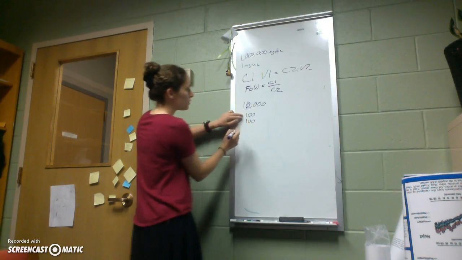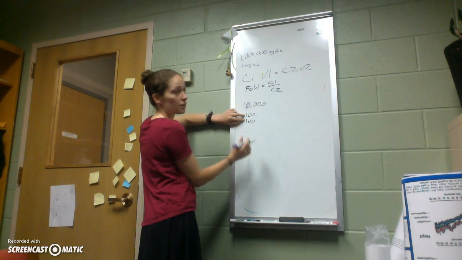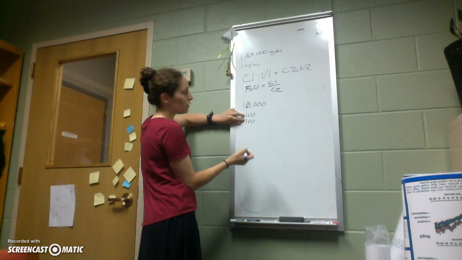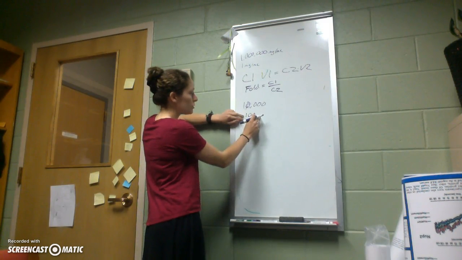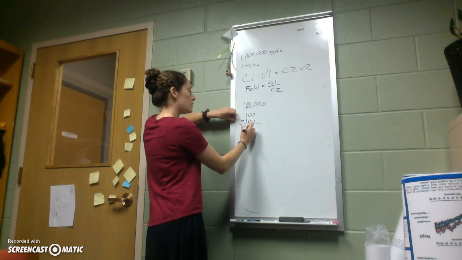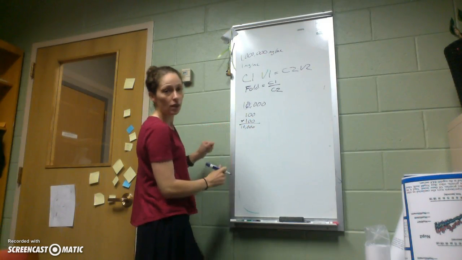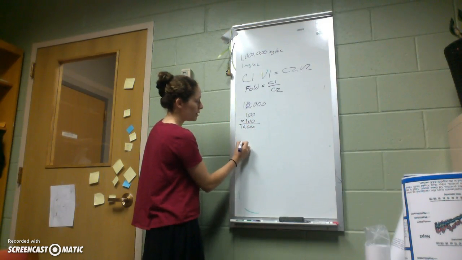In serial dilutions, you multiply your dilution factors, your folds, together to get the overall dilution. So a 100-fold dilution and another 100-fold dilution, that is a 10,000-fold dilution, or 100 times 100. So in reality, what would I do?